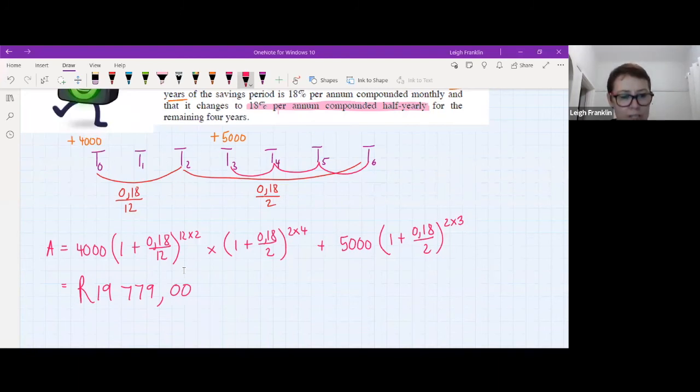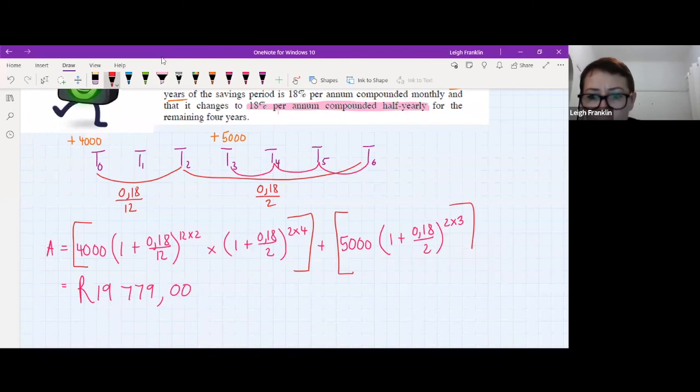It first earns interest at 18% per annum compounded monthly, and then it earns interest at 18% per annum compounded half yearly. That's what the first term is calculating. So it's calculating the deposit of 4,000 and the interest. The second term is calculating the 5,000 Rand deposit and its interest. And then we add those two together.